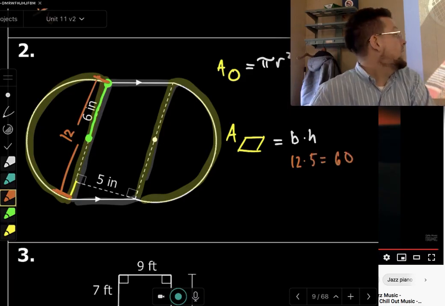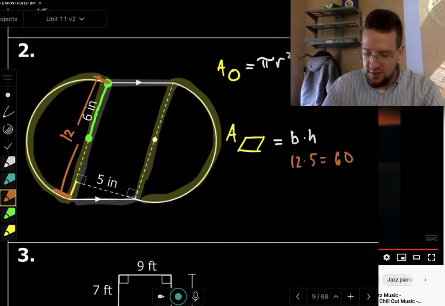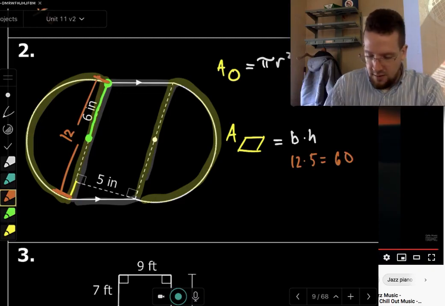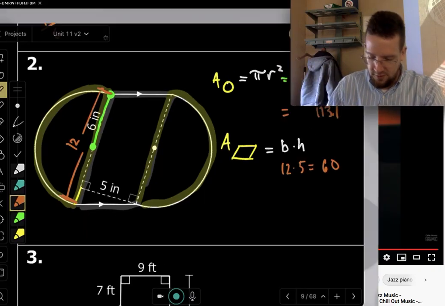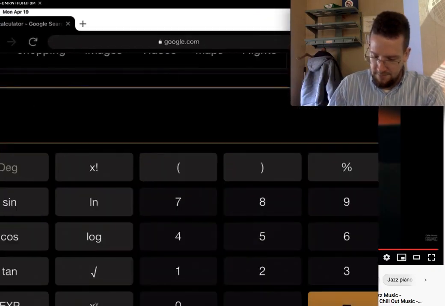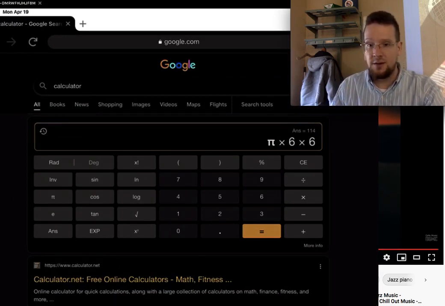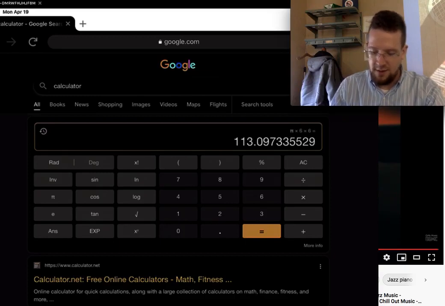So we have the base times the height, which is 5, and this is 60, and pi times 36 is going to be 113.1. Let's just make sure. So pi times 6 squared, I'm just going to do 6 times 6 because that's 6 squared. 113.09.